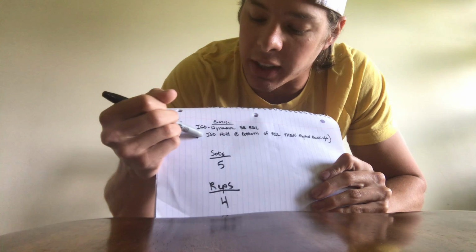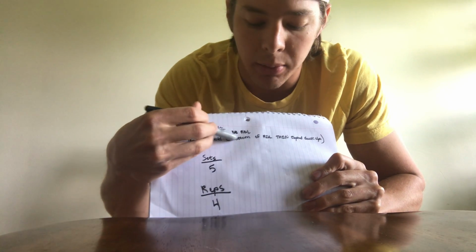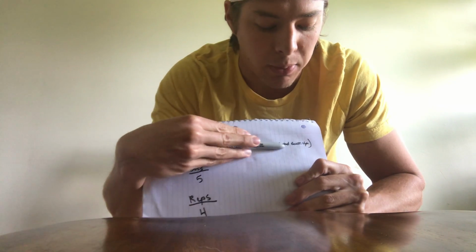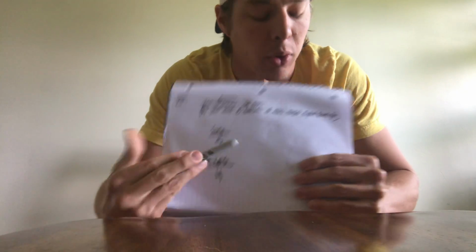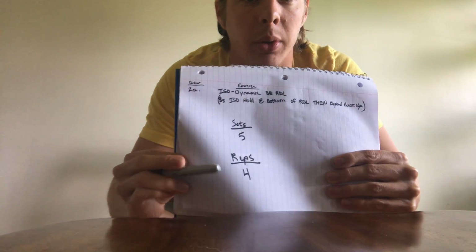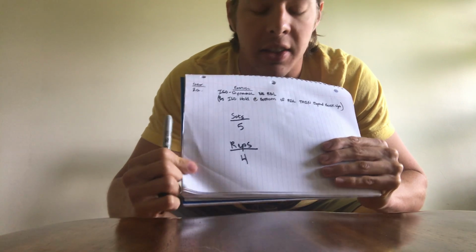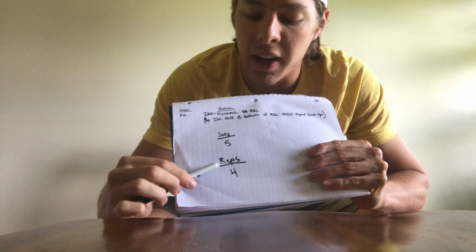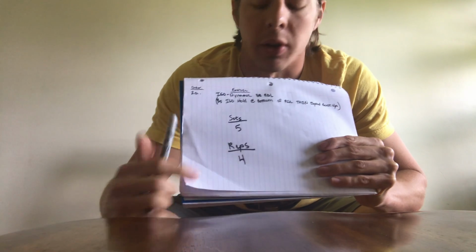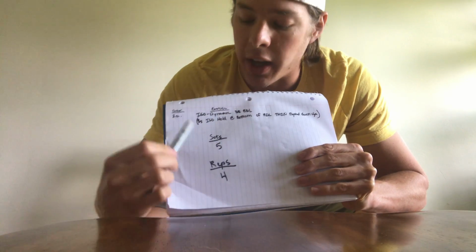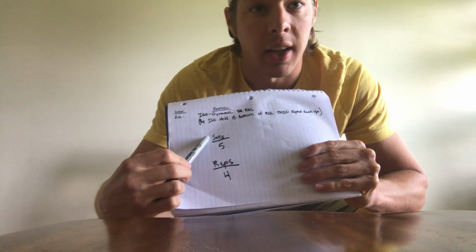You also see that I have some notes here with it. So we have a 3-second iso hold at the bottom of RDL, then explode back up. That's our dynamic portion, is exploding back up and through. You'll see sets, like I'm sure you guys are all used to, and then we have reps, 4. So after you complete 4 reps of this isodynamic RDL, that would be 1 set, okay?